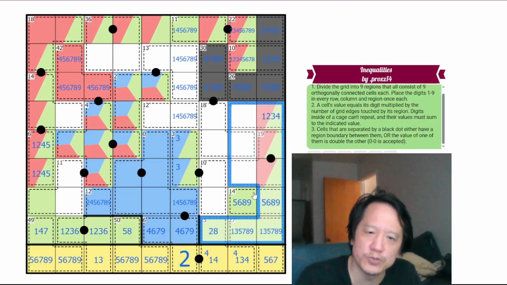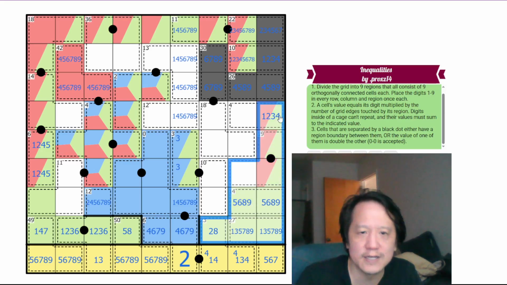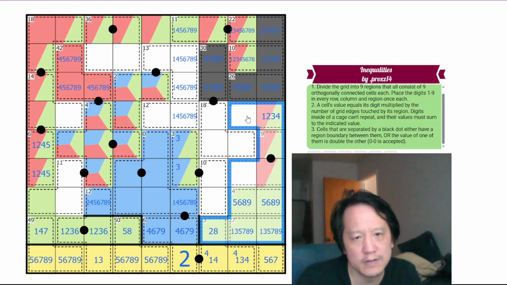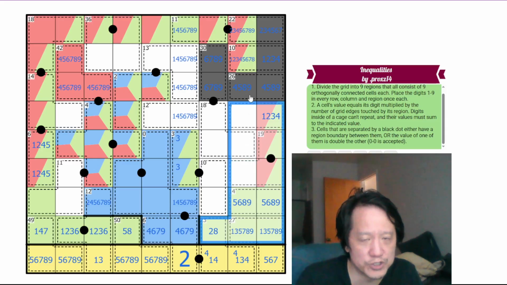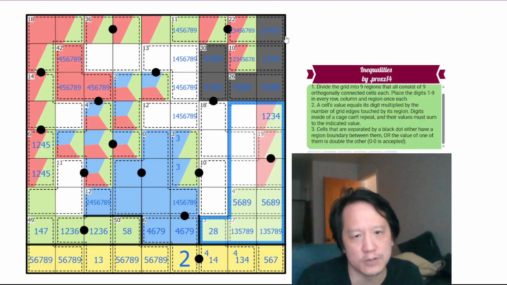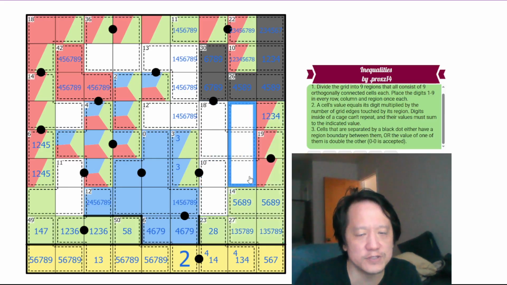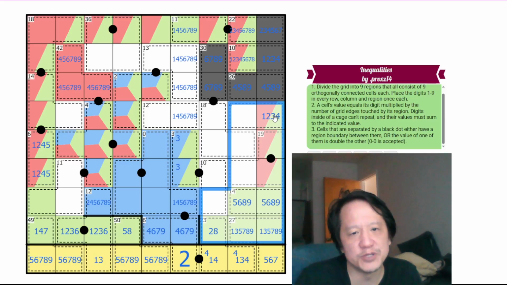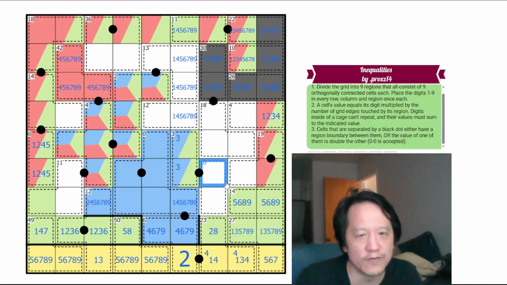How many cells do we have here? 1, 2, 3, 4, 5, 6, 7, 8, 9, 10, 11 cells which are not part of that region and can't form two full regions here. And this would block off these regions, and you could have 10, 11, or 12 in these cells, but they're not going to be able to form complete regions. So this can never be doubled.